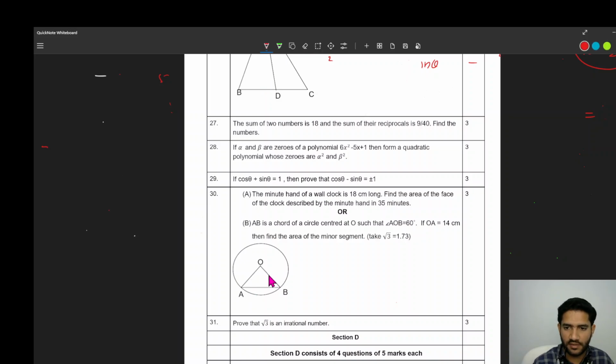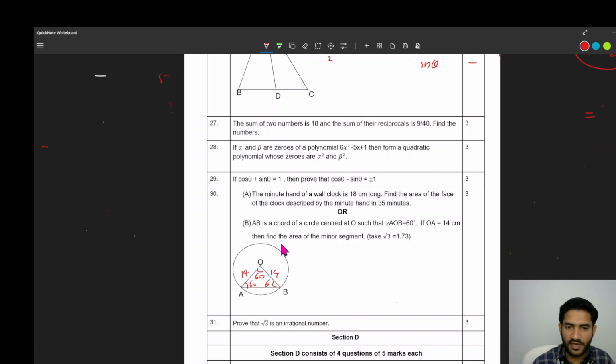From the figure, OA is 14 and this is 60. One angle of a triangle is 60. More than that, these two sides are equal, that means isosceles triangle. So these two angles are equal, so surely it will be 60 and 60. So it is an equilateral triangle.